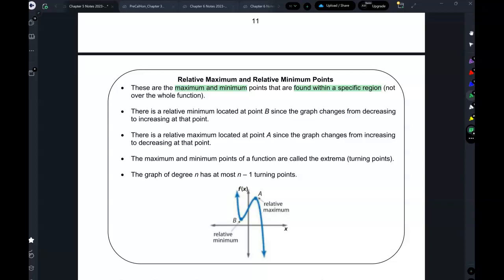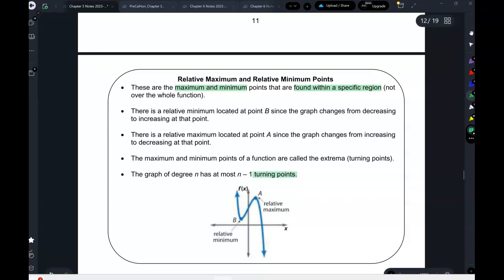But if I were to tell you just within this region in between the red, what is the maximum value? That's that point A, correct? Okay, so that's what a relative maximum is.